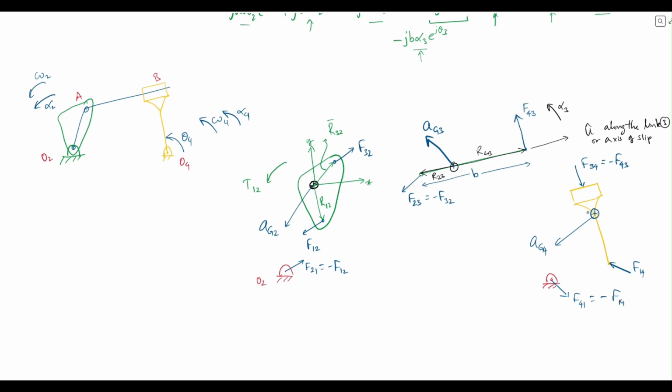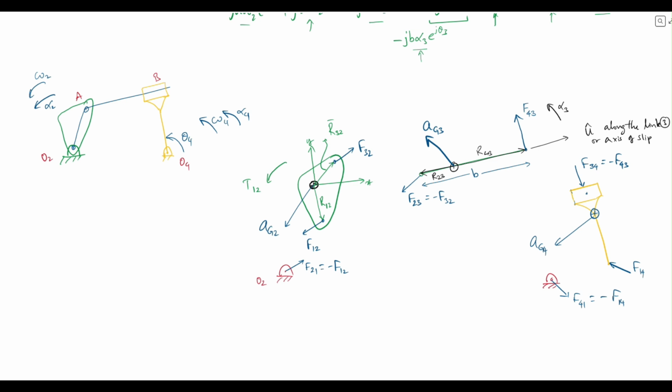And we can consider that this joint reaction, or this force F34 that is acting on the slider, although this will be distributed along the length of the block, which is in this current situation unknown, we can, for the purpose of this analysis, consider it to be acting at this point, which is at the center.